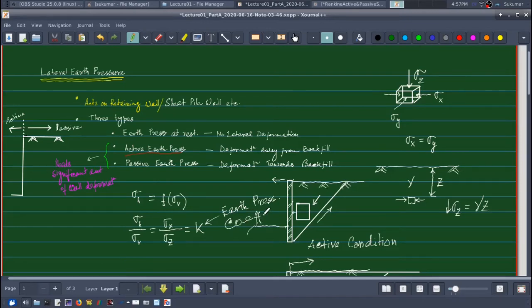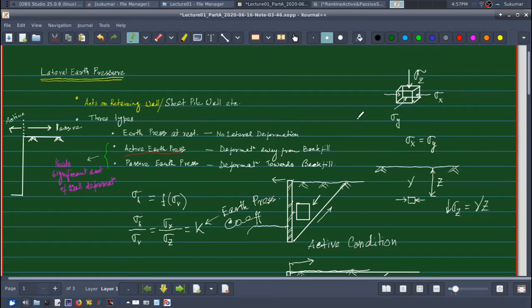Now our job then to find out the lateral earth pressure, our job basically is to determine the coefficient of earth pressure. Now since the amount of earth pressure will be different in these three conditions, namely at rest condition, active condition and passive condition, therefore this coefficient of earth pressure will also be different in these three conditions.